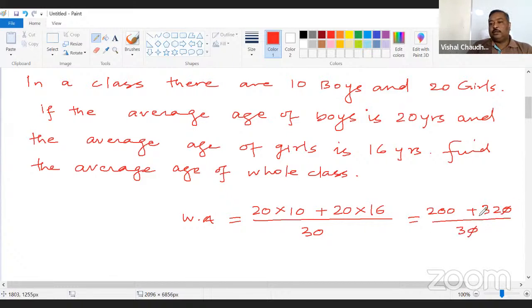A 0 and a 0 will get cancelled. So we have 52 by 3, and that is 17.33. Clear? 17 3s are 51, and that goes. Okay, so I think this is clear.